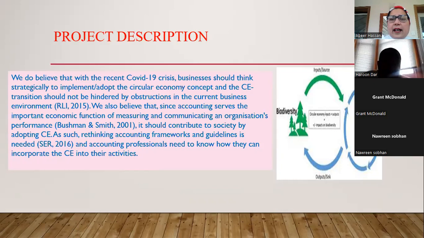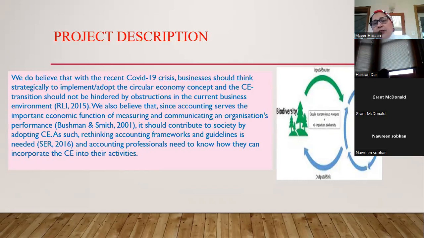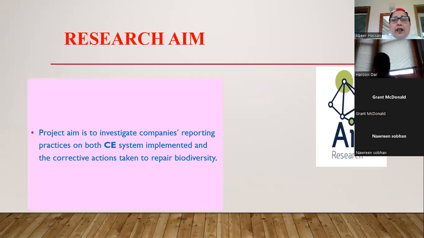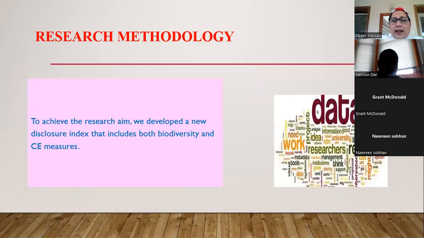So we believe that as long as accounting serves the important economic function of measuring and communicating an organization's performance, it should also contribute to society by adopting circular economy as a rethinking of the accounting framework. Because as I mentioned this morning, it will be mandatory for companies to report on both financial and non-financial information. So the object of your project is to investigate companies reporting on both circular economy and biodiversity.